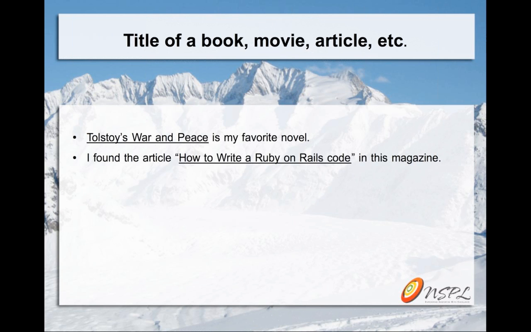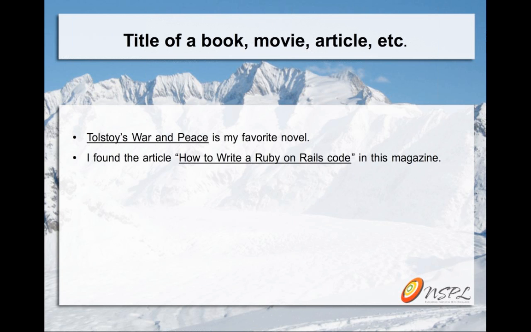and the title of a book, movie, or article should always be capital. Tolstoy's War and Peace is my favorite novel. So this is a title, Tolstoy's War and Peace. I found the article How to Write a Ruby on Rails Code.